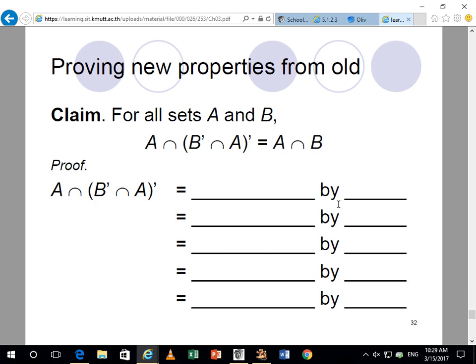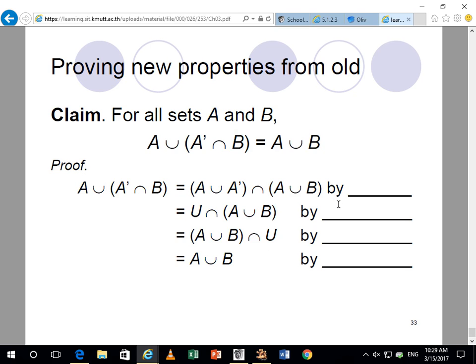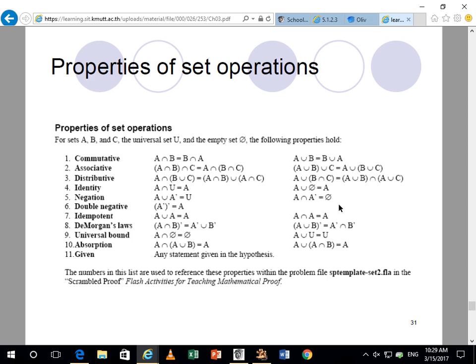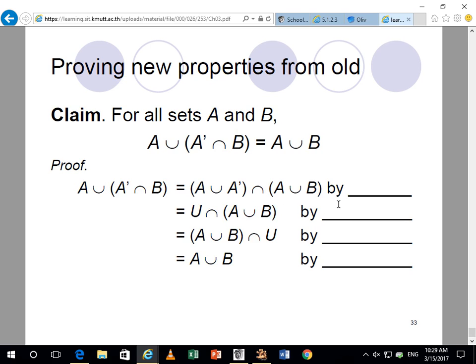So what is the last one? A union B intersect universal by what? To give you this. Okay, identity. A intersect universal gives you back A. So that's identity. So equals to this. That's the right-hand side. So done.